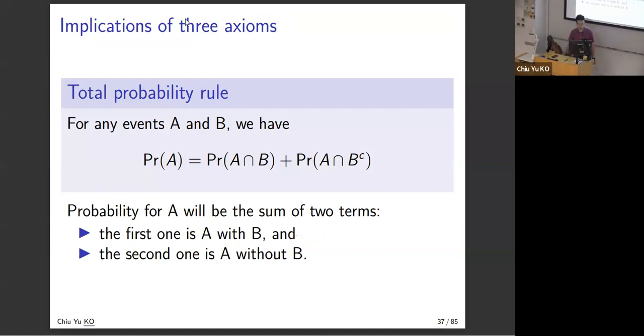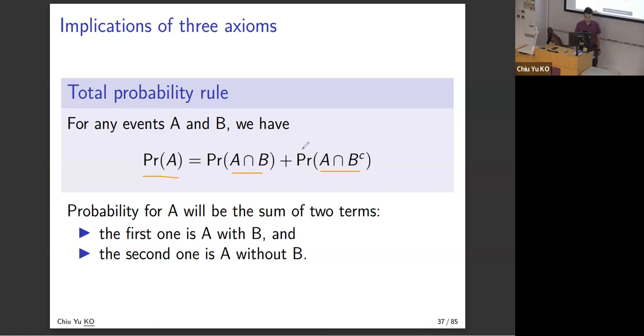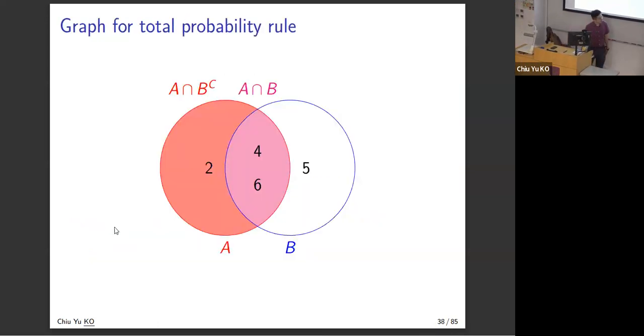You just say A can be decomposed into A intersect B and A intersect B complement. So it's A with B and A without B. Okay? So graphically it's very simple. You draw a graph. Let's look at the graph, because this rule is very simple, so I think it's okay we cover it here.